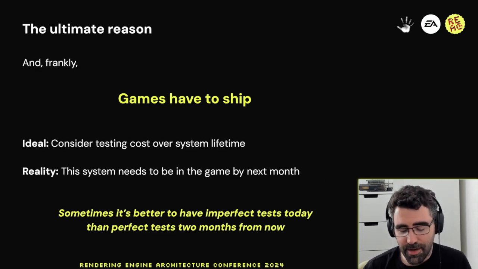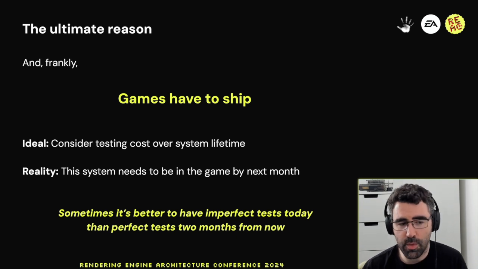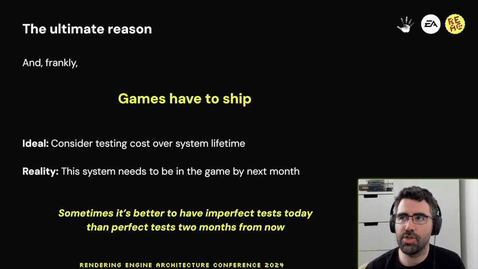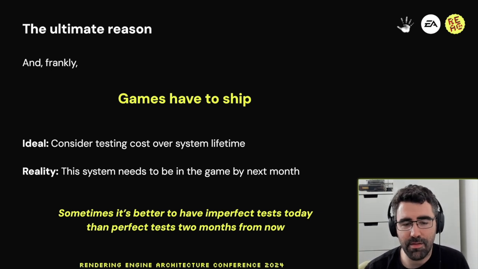And finally, the ultimate reason is games have to ship. Ideally, you would just consider how much it's going to cost you long term to maintain these tests versus setting the perfect tests up initially. But if the system has to be in the game by next month, you can only spend so much time building the perfect test.